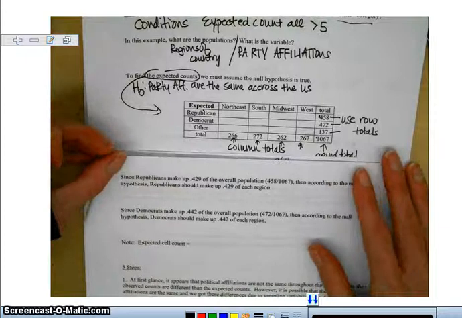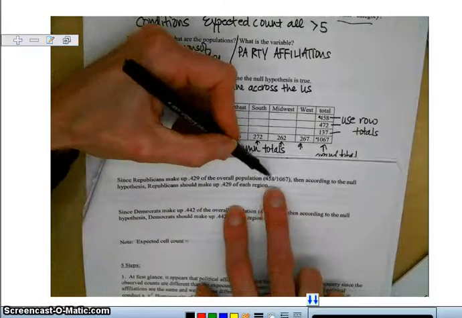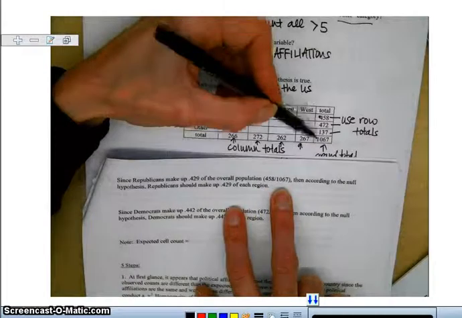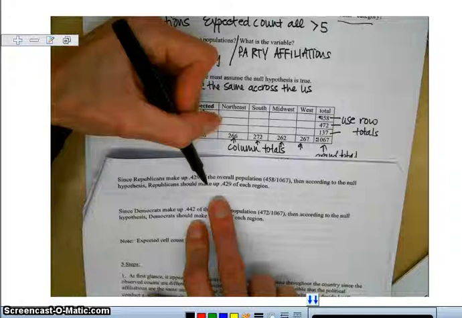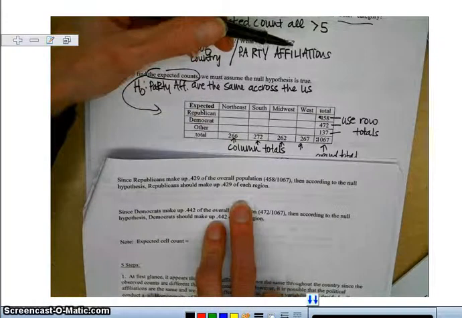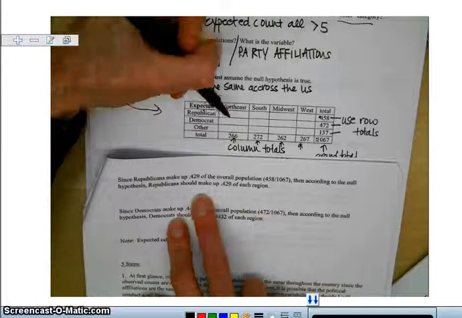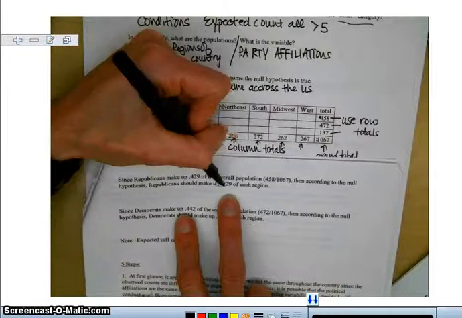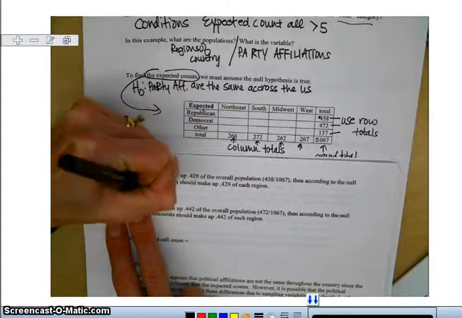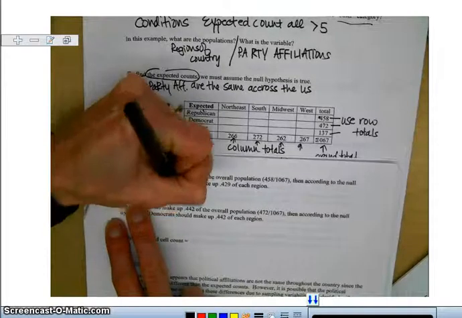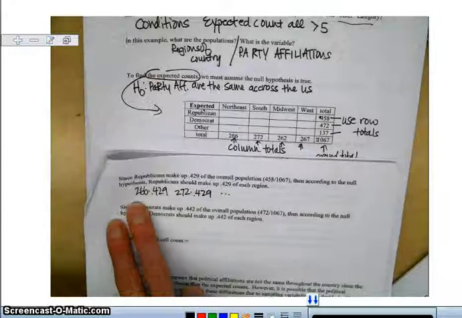Since Republicans make up 0.429, or 458 over 1,067, then according to the null hypothesis, the Republicans should make up 0.429 of each region. So we take each region total times 0.429: 266 times 0.429, 272 times 0.429, and the other totals times 0.429.